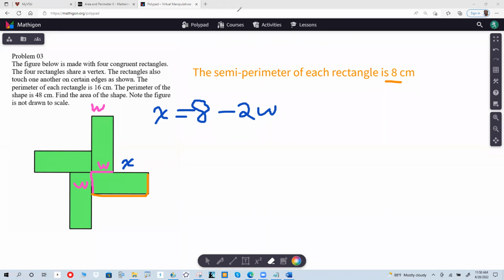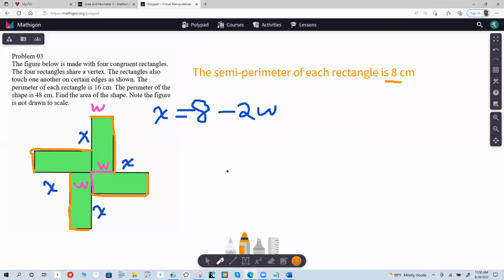Okay, I'm going to go back to my orange. This orange is also my semi-perimeter. So is this orange. And this leftover is my X, this leftover is X, this leftover is X. All right, I'm good.